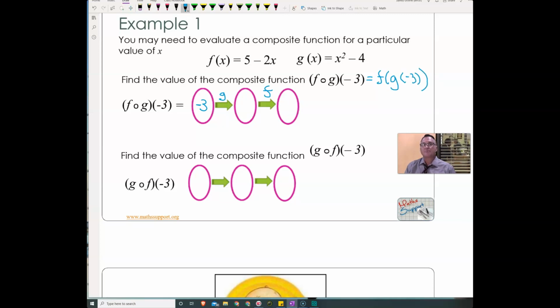I plug a negative 3 in and I get negative 3 squared minus 4. So that's 9 minus 4, which is 5. So the output is going to be 5.